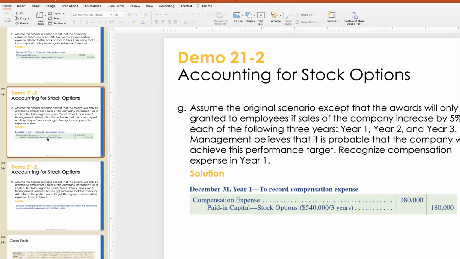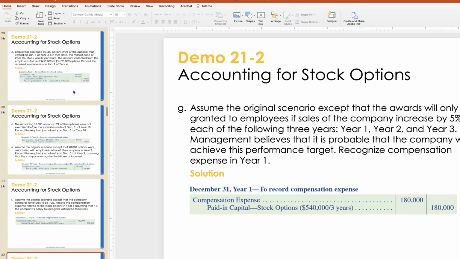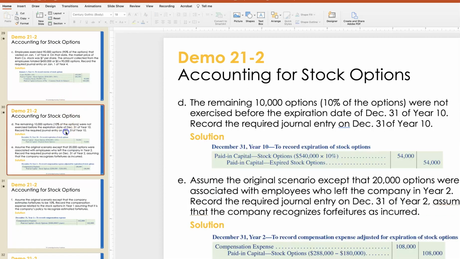How much have I expensed so far? Right? I've expensed so far in this example, go back, the expense example, 108.